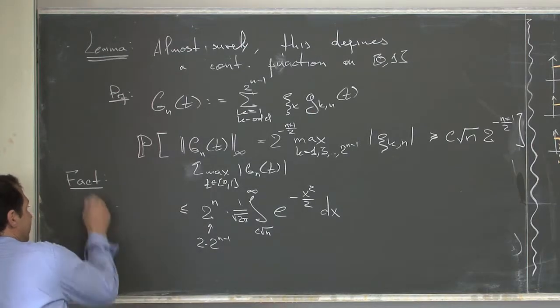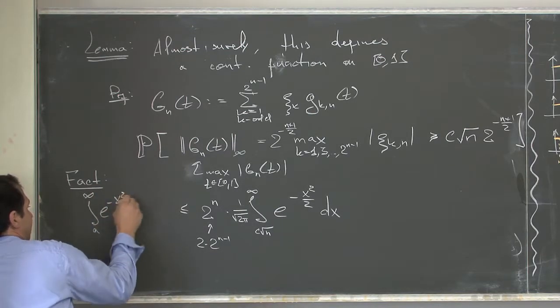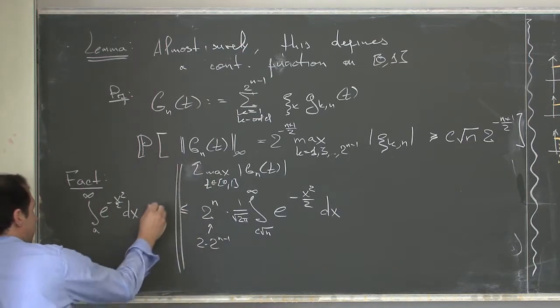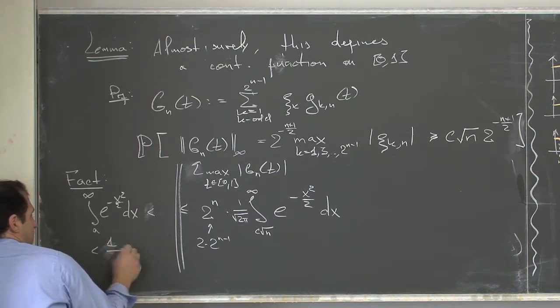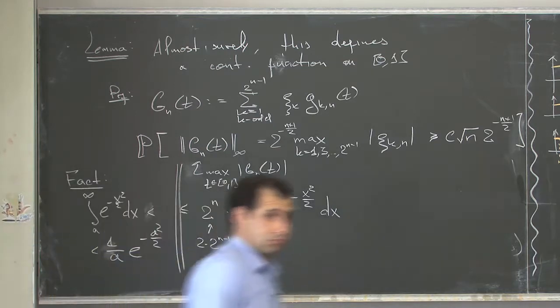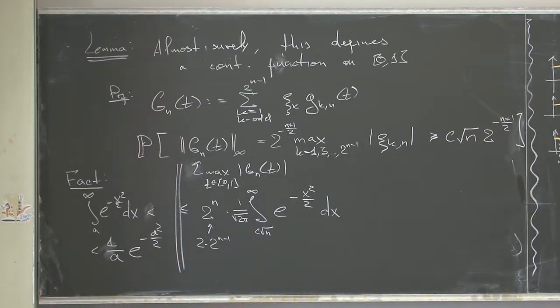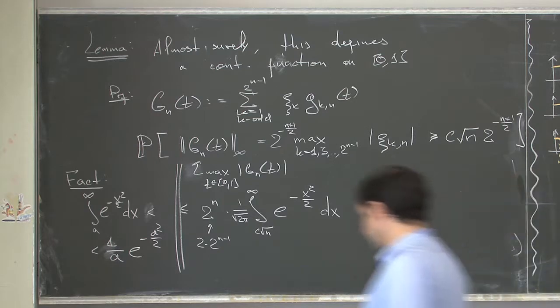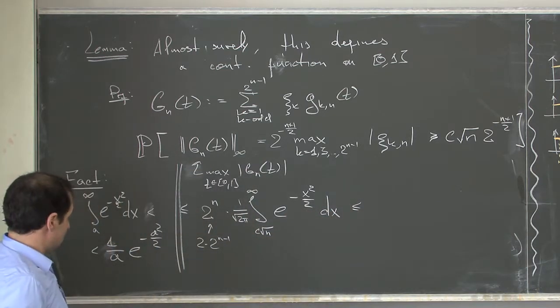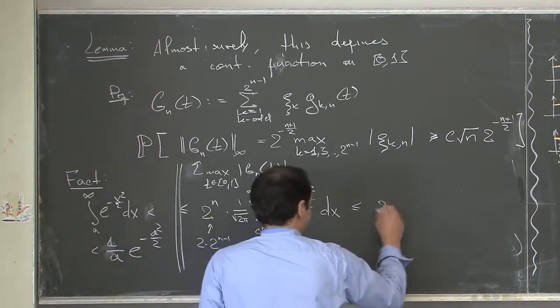If I have an integral, this error function, and I would like to estimate it from above, strictly less, this is 1 over a times the exponential. An easy exercise. This holds. So I apply this bound. What does it tell me?